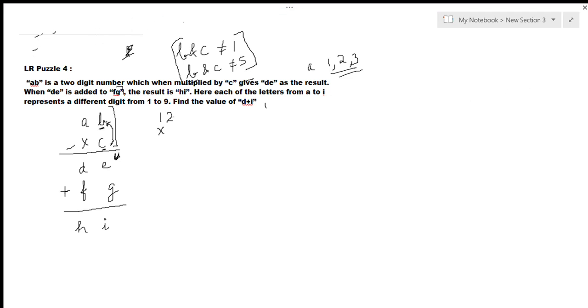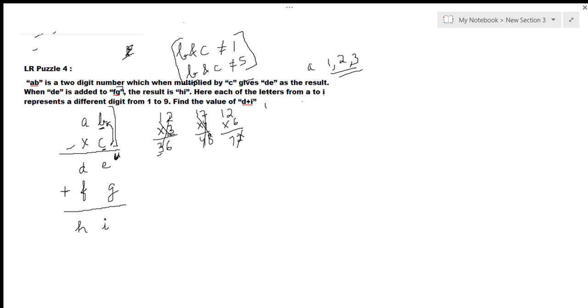So what is the smallest digit that I can put over here? 12 into 3, which is 36. See, 3 repeated, ruled out. 12 into 4, 48. 12 into 5 cannot be there. We have seen that neither B nor C could be 5. 12 into 6 cannot be there, because 12 into 6 is 72, then 2 will be repeated.